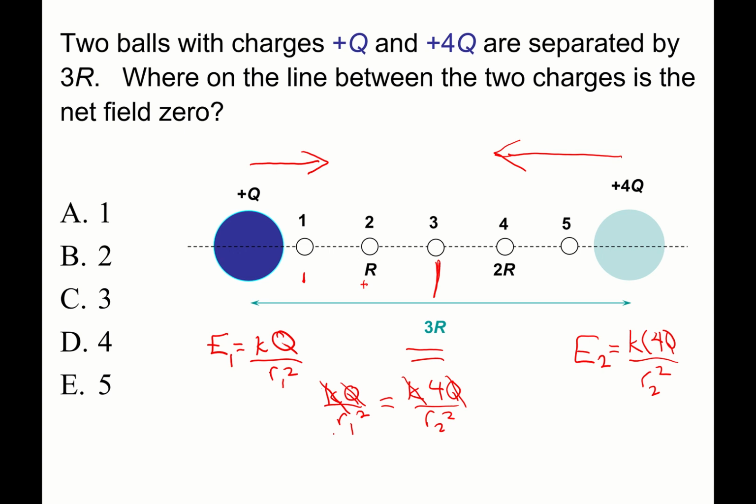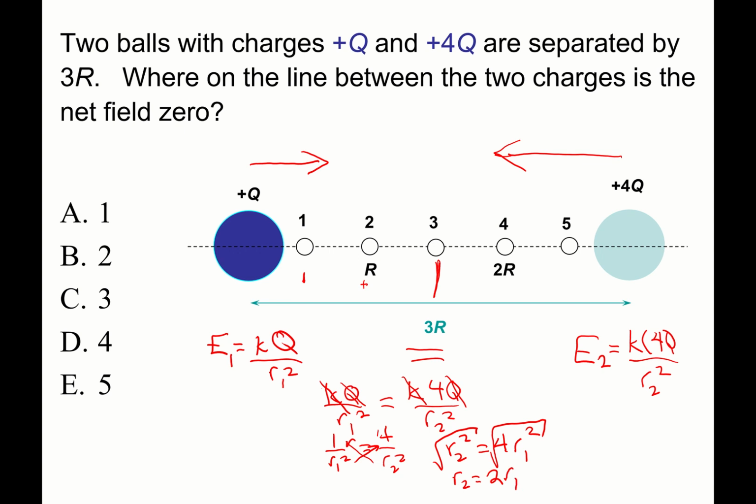So what I get on this side is 1 over R1 squared equals 4 over R2 squared. Cross multiply the denominators. So I get R2 squared is equal to 4 R1 squared. Take the square root of each side, and I get R2 is equal to 2 times R1.